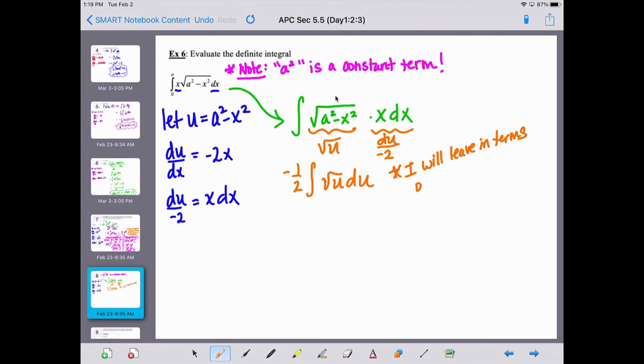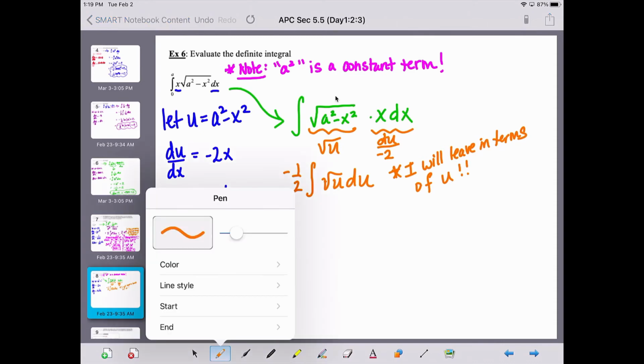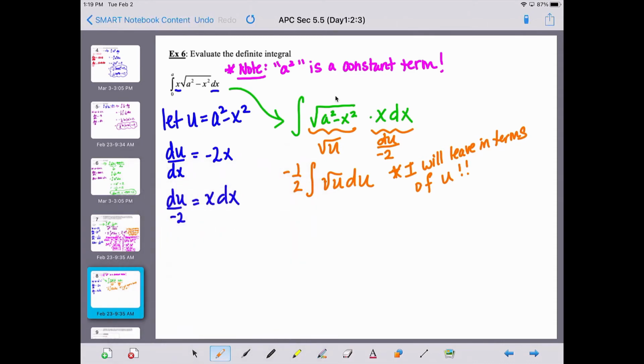in terms of u. Okay, so then my limits of integration, if u is a squared minus x squared, okay, then whatever my x values are have to get plugged in for x. So my limits of integration are going to become, from my lower limit of integration here, a squared minus, and the x value on my lower limit of integration was 0, so a squared minus 0 squared.